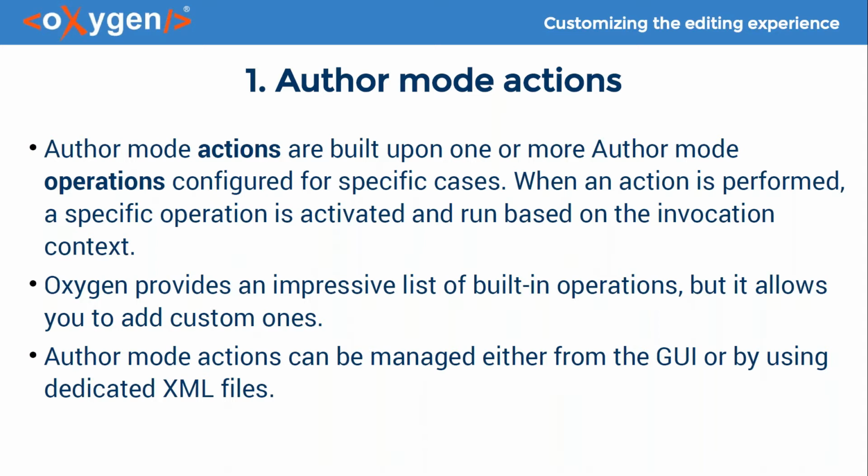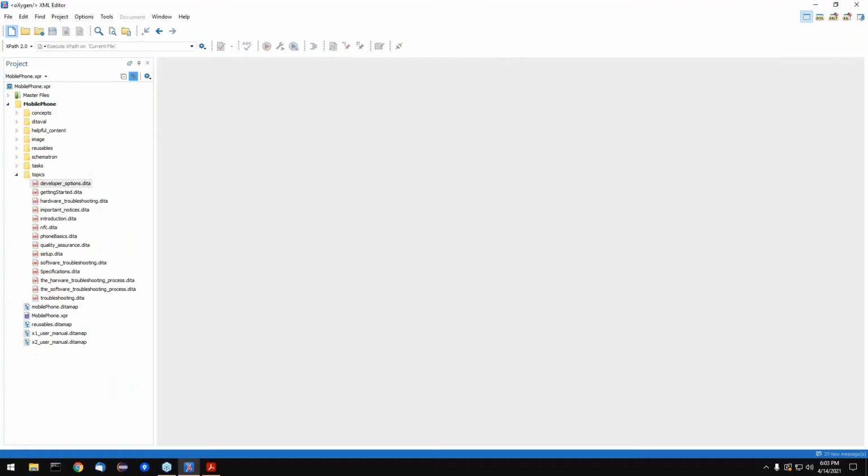As you will see, Oxygen provides a really impressive list of built-in operations, but it also allows you to add some custom ones. And you can manage your actions either from the graphical user interface or by using some dedicated XML files. And I'm going to show you both ways. Okay, so it's already time to switch to Oxygen.